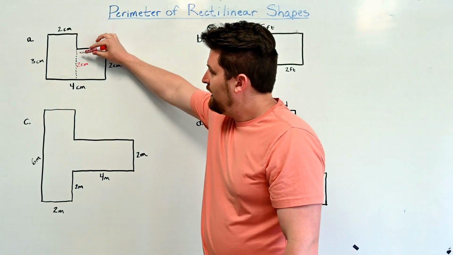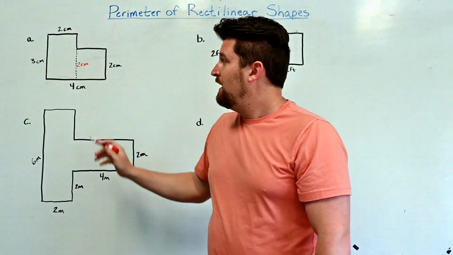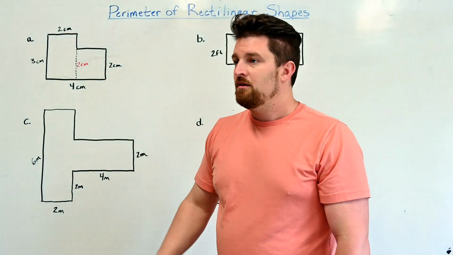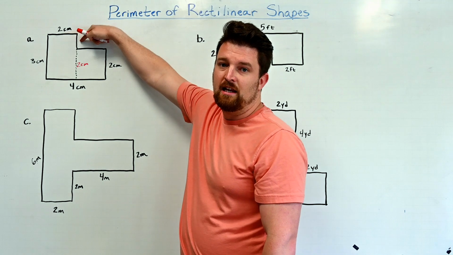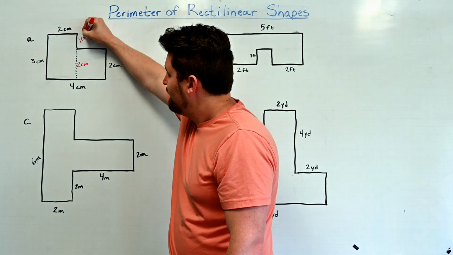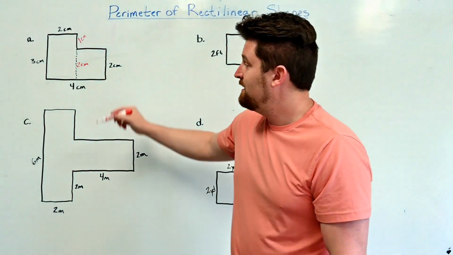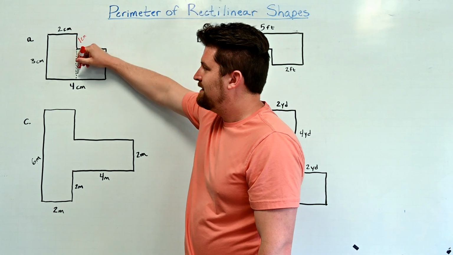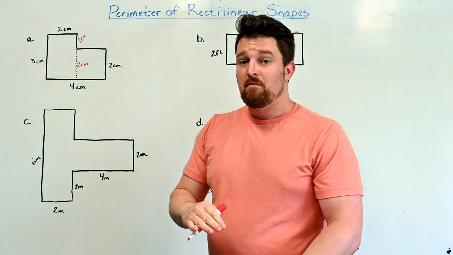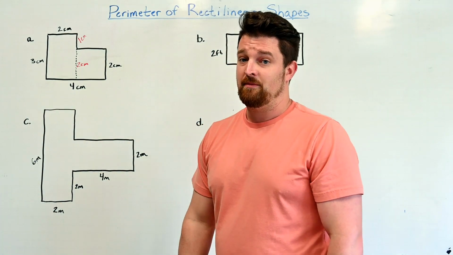So if my cut line is 2, and I have a little bit more left up here, and it has to make 3, what do you think this side right here has got to be? You're exactly right. 1 centimeter up there. Because this 1 centimeter right here and this 2 centimeters together make a full side, which is the same side as this over here, which is 3.